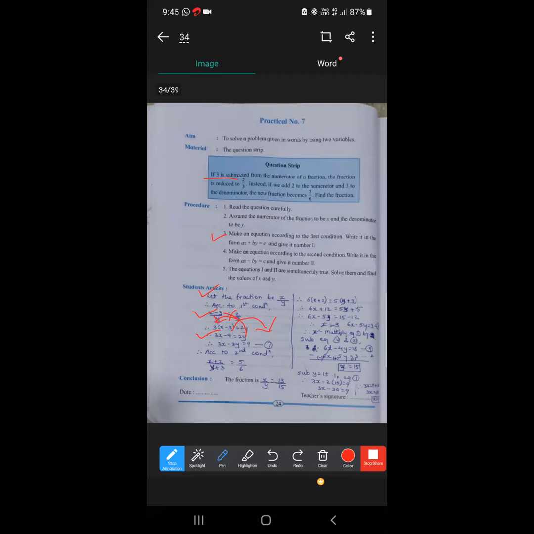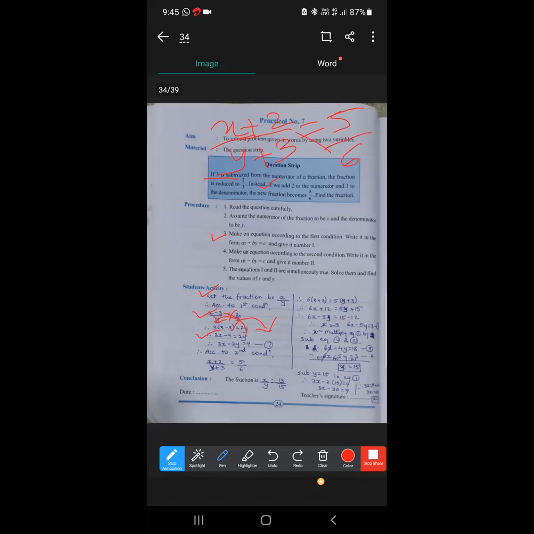Now let's move to the second condition. What is the second condition? If we add 2 to the numerator and 3 to the denominator, that is (x plus 2) upon (y plus 3), the new fraction becomes 5 upon 6.